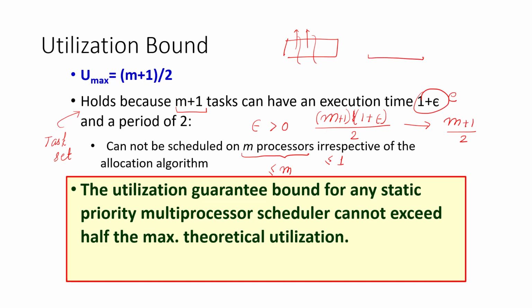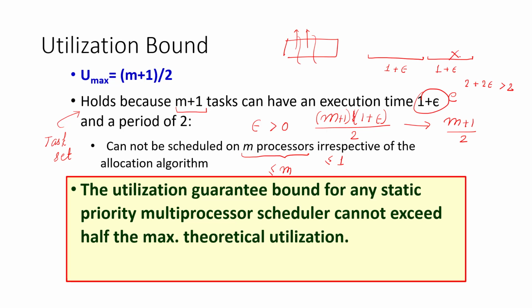You can look at all possible combinations, but if, let's say, you're not migrating, then the execution time of both is 1 plus epsilon and 1 plus epsilon. So the total is 2 plus 2 epsilon. And 2 plus 2 epsilon is clearly greater than 2. So this task will miss its deadline.